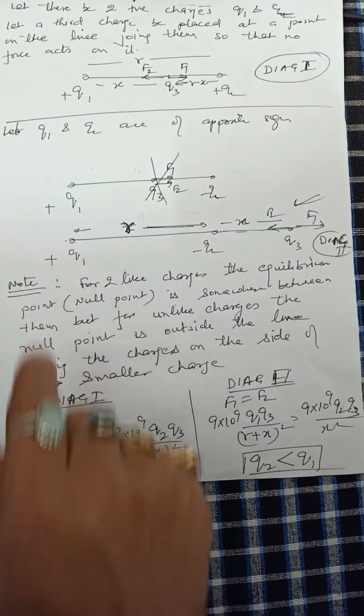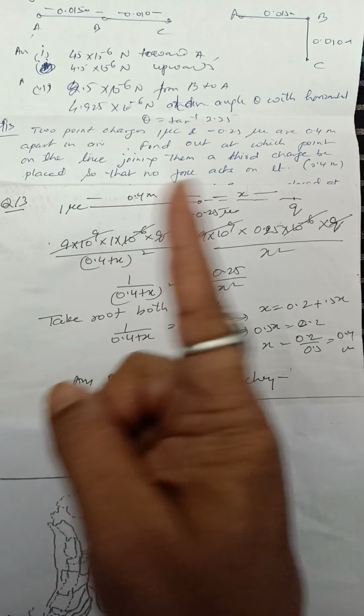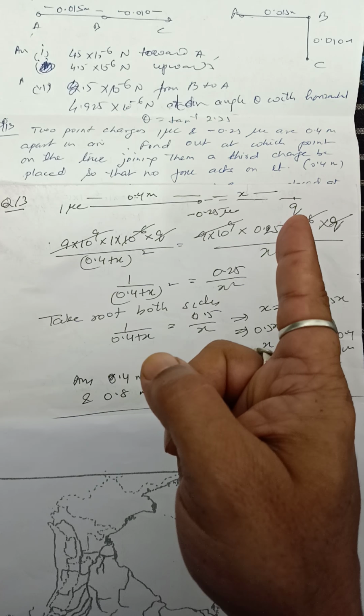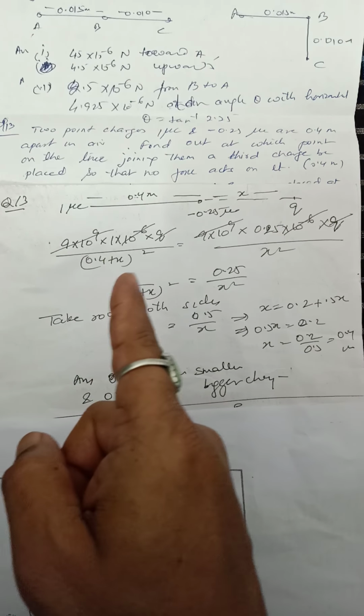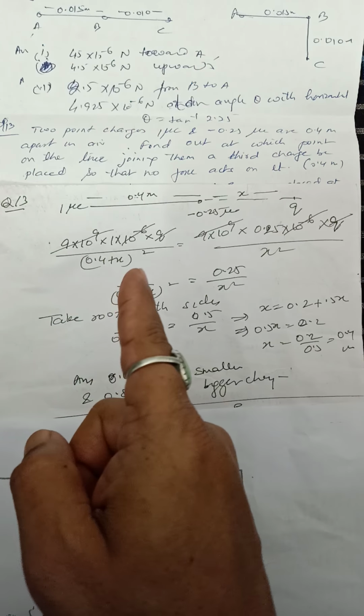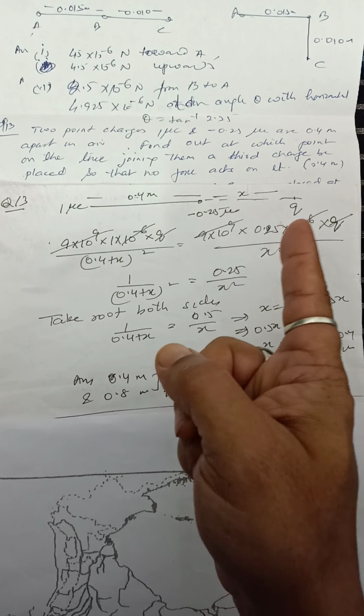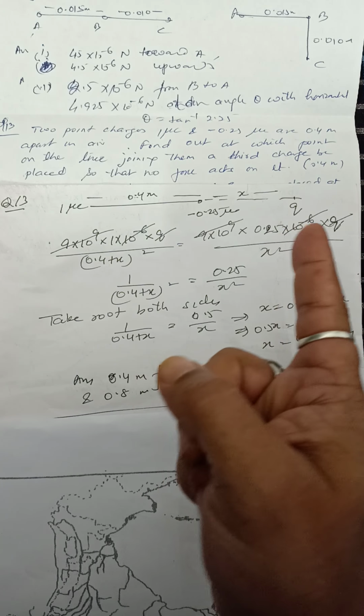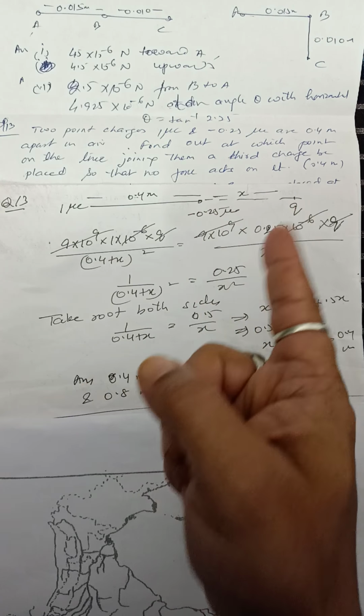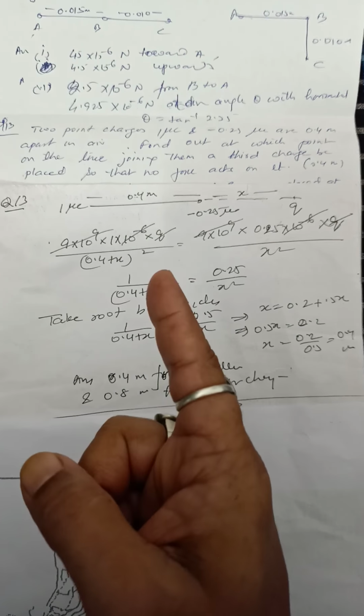Put the formula 9×10^9. Q1 is 1, Q2 is q. Distance is 0.4 plus x whole square. Similarly, 0.25 applies force of attraction on q, 0.25 into q, micro is 10 to the minus 6, distance x square. Cross multiply.